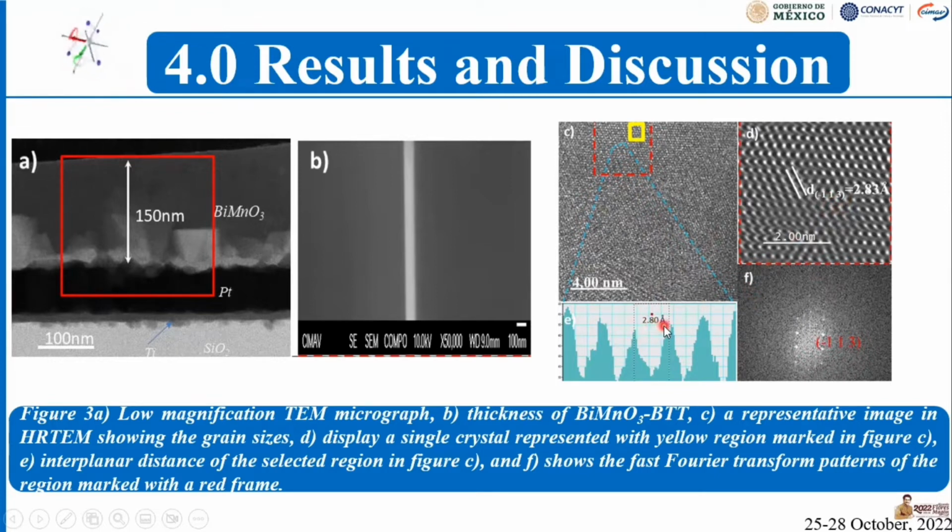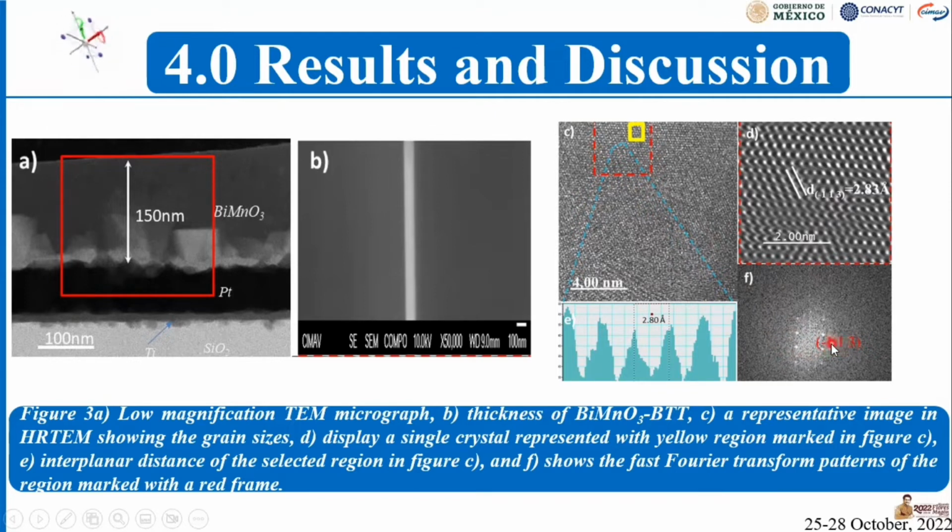Angstrom. On the other hand, figure 3f shows the fast Fourier transform pattern of the region marked with a red frame, which indicates the presence of the Gibbs rings that clearly show the plane minus 113.